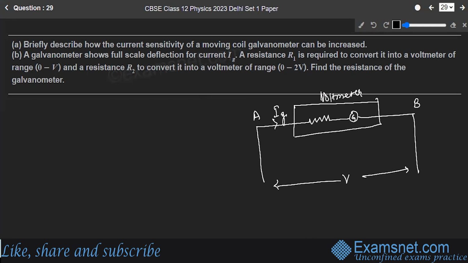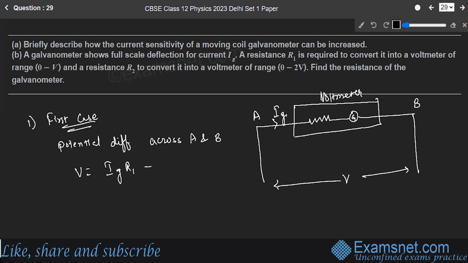All right. Now, in the first case, the potential difference across A and B is V is equal to IG R1 plus IG G, where G is the resistance of the galvanometer.